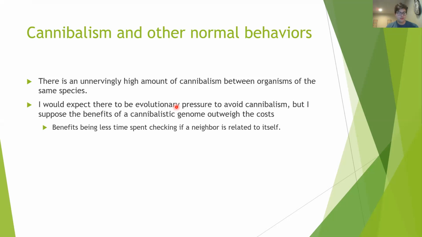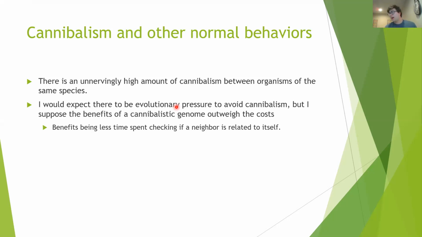Originally I was expecting a lot less cannibalism, and it's not just because it's a social taboo. It's because in real-world genetics, animals try to avoid eating each other on a genetic basis, because they might be eating someone they're related to, which would be hindering the development of their genes.